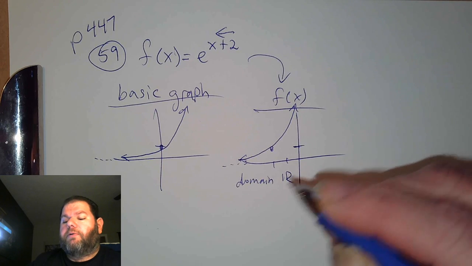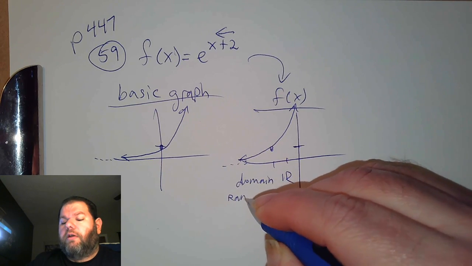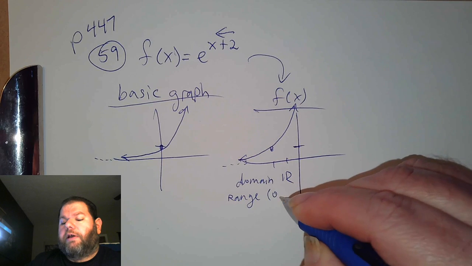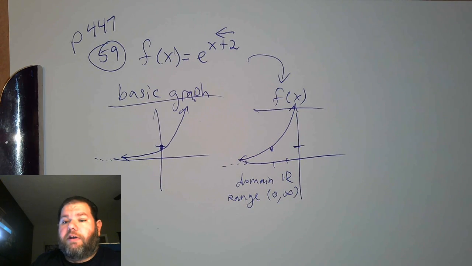Domain is always all real numbers. Range goes from the horizontal asymptote to infinity, 0 to infinity in this case.